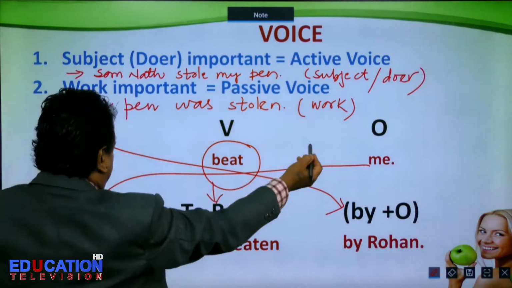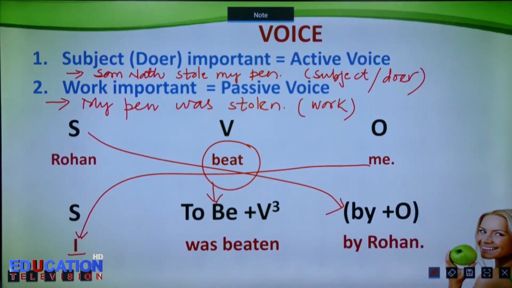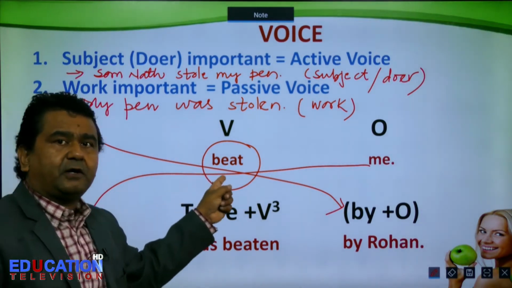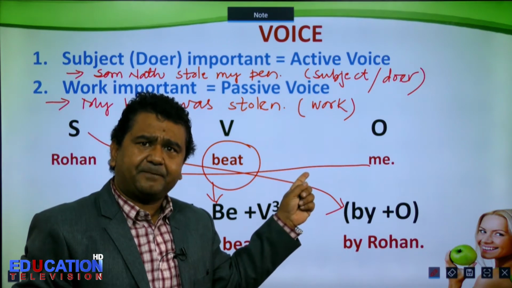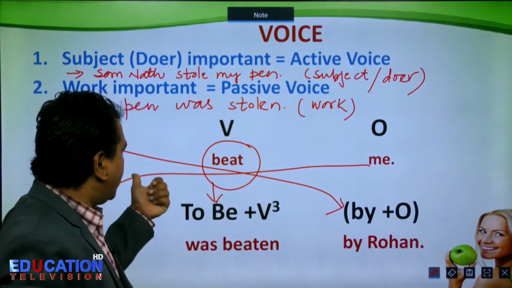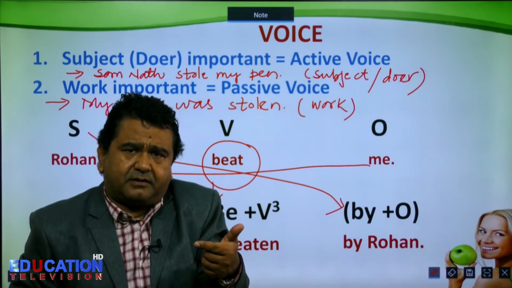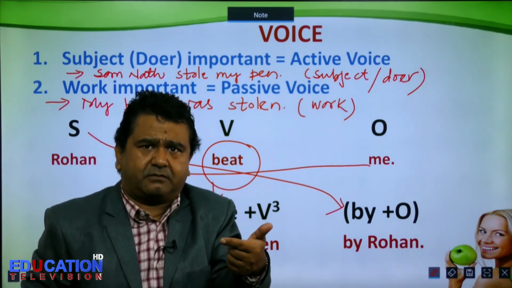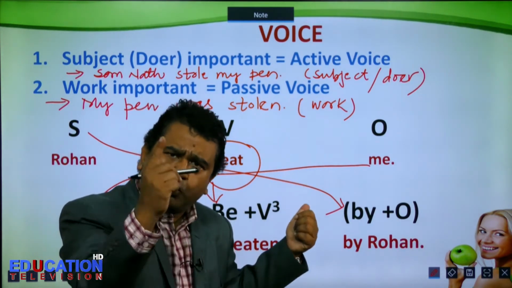Rohan beat me. Me becomes I. Remember, this is not present tense, this is past tense. Because with Rohan we cannot write V1, beat. It has to be Rohan beats in the present tense. So, this beat is V2.